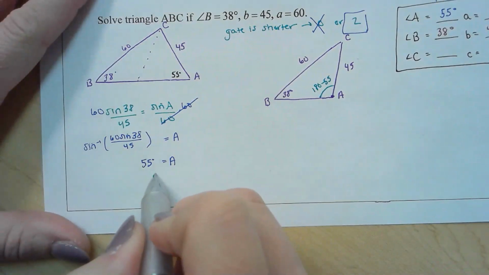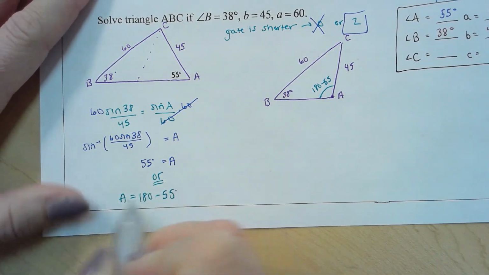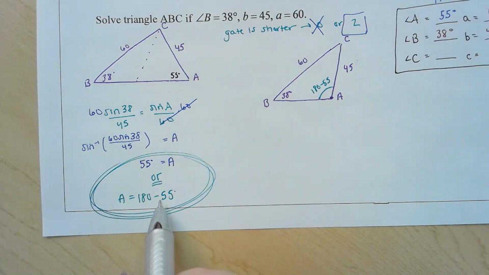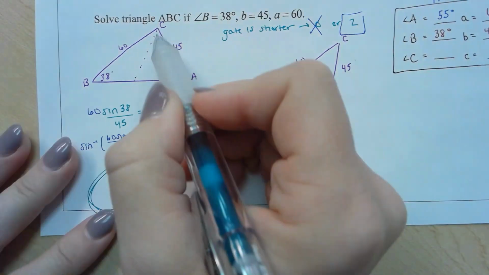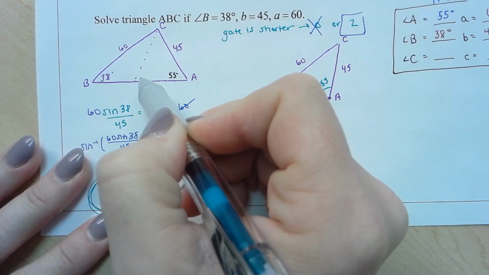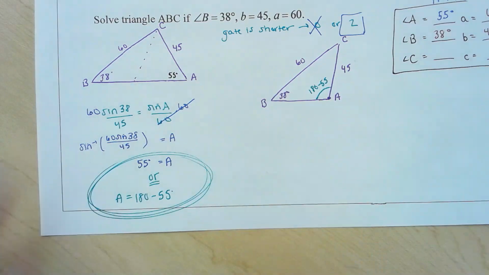And I might even write that down. It's always 180 minus the first answer your calculator gave you, right? This is an isosceles triangle, so if this is 55, then this is 55. And so to find this angle, they're supplementary, we'll do 180 minus.